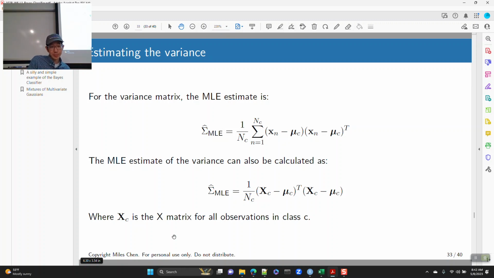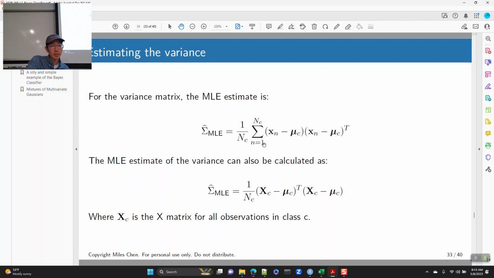The maximum likelihood estimate for the variance is technically this: x minus mu times x minus mu transpose, summed up. This would give you a 2 by 2 matrix, and you add this up and divide by n over c.